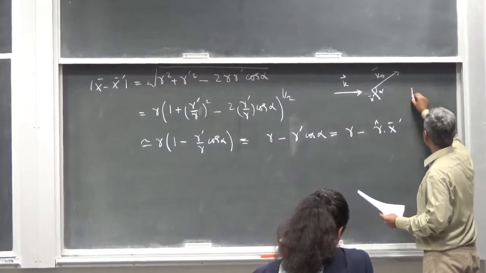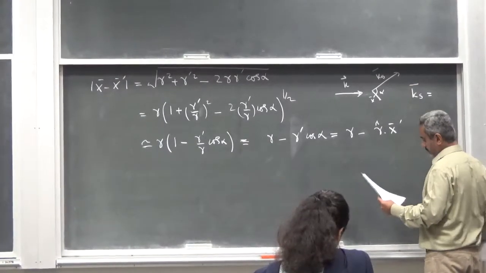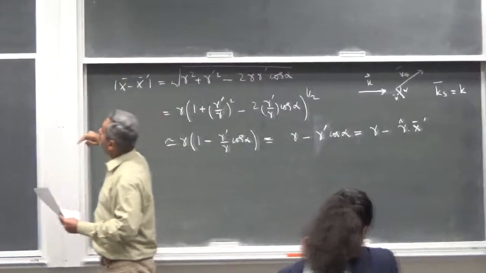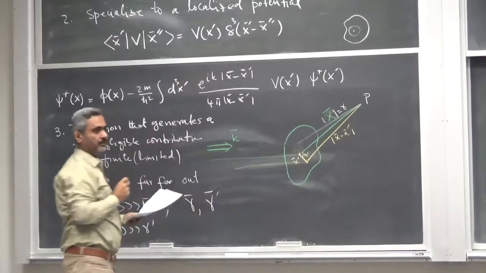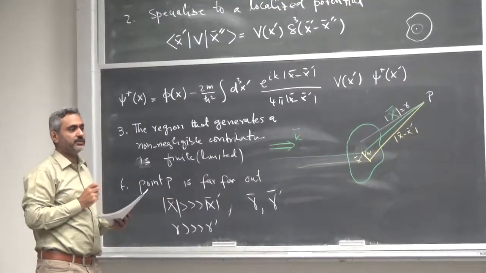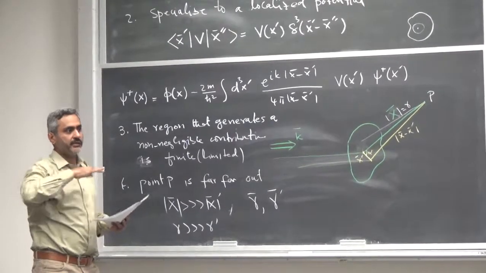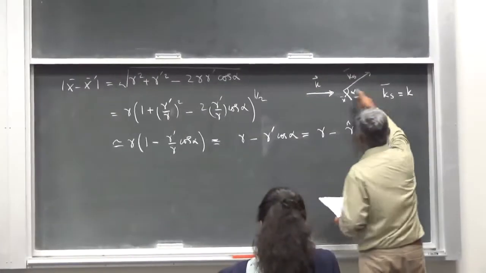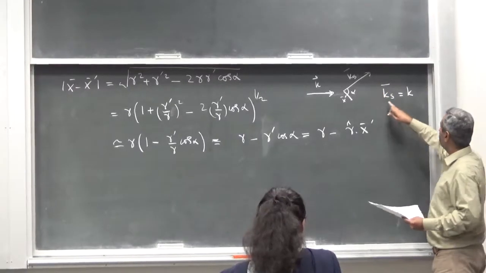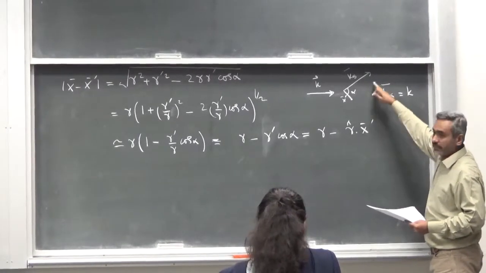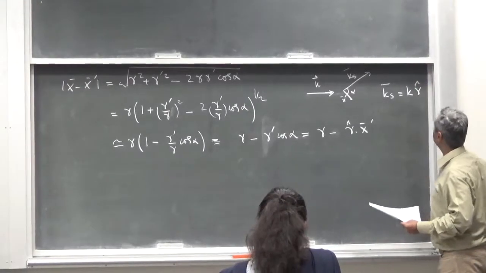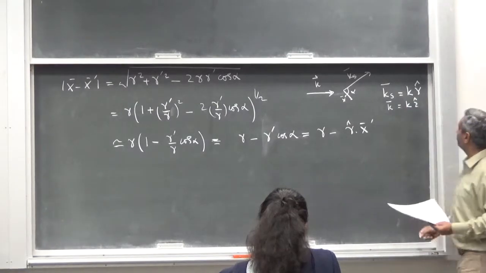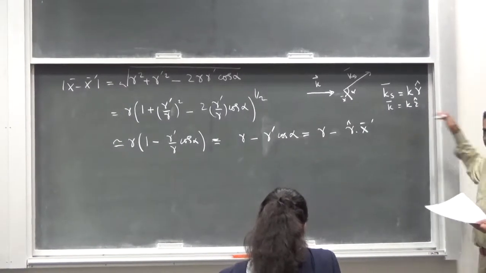Let's just define, for the time being, that ks is equal to k. This k is the same as the k over there. This is the energy, the momentum that you prepared the particles in. Since the momentum is not changing, only the direction is changing, I can write ks, the scattered momentum, as k r hat, whereas initially k is k z, let's say, or k in whatever direction this is.